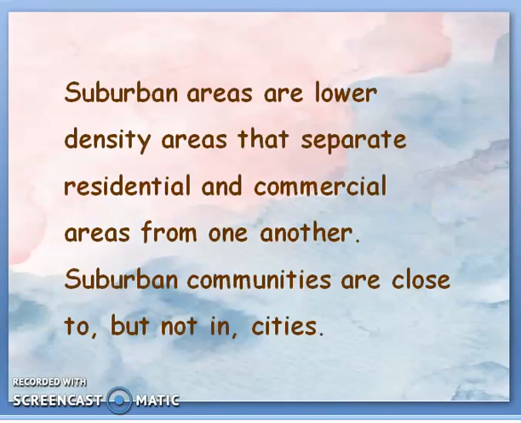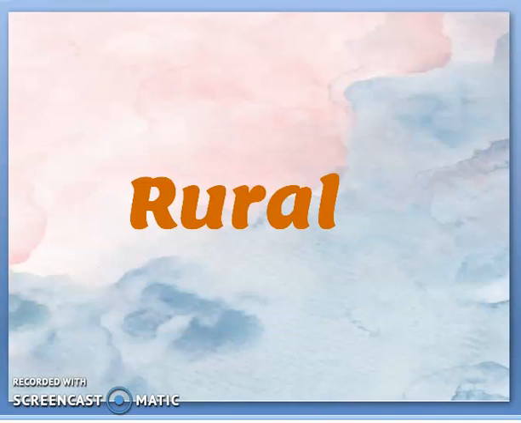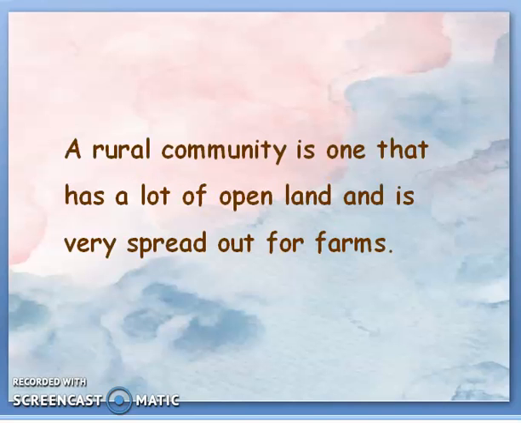Suburban areas are lower density areas that separate residential and commercial areas from one another. Suburban communities are close to but not in the cities. Rural. A rural community is one that has a lot of open land and is very spread out for farming.